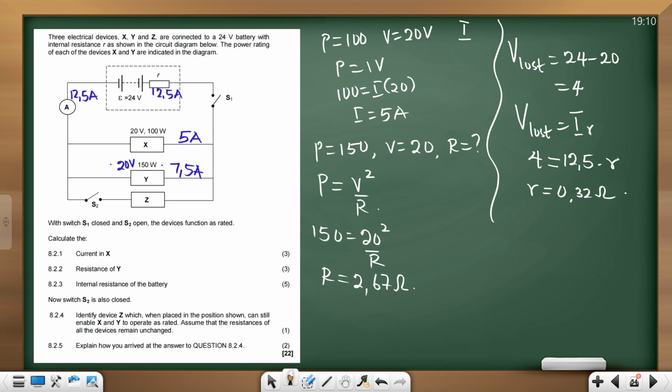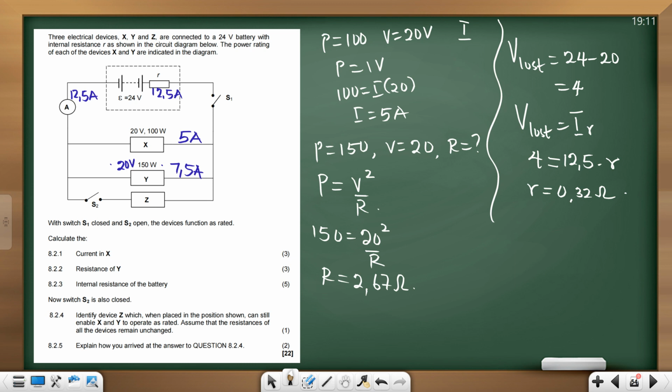Identify device Z. We don't know what Z is. We're told X, Y, and Z are devices. But they said Z is a device which will not affect the power of X and Y. Power is I times V. So Z is a device which will not change the current here.